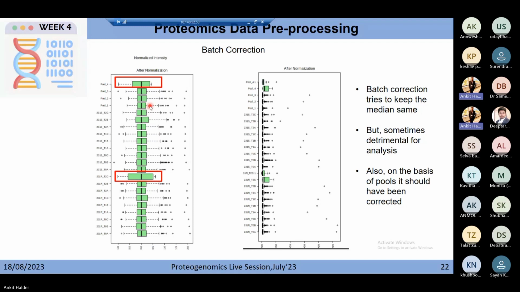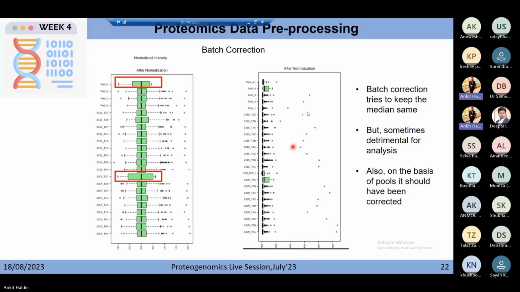Normalization also tries to remove your technical bias, but it could not do much, and it was quite evident because of your batch effect. Even after that, you can think that there are still differences that remain.